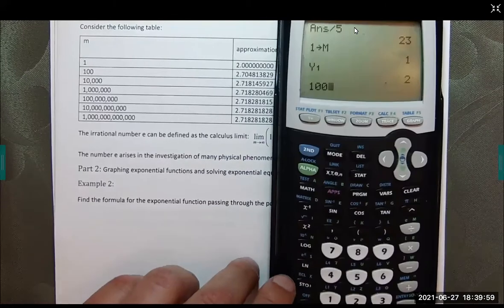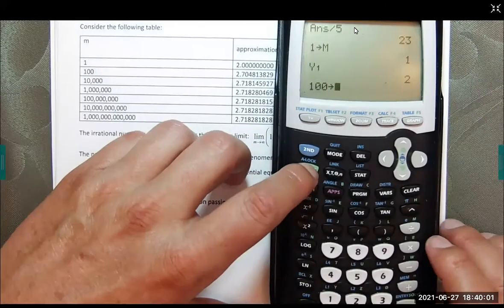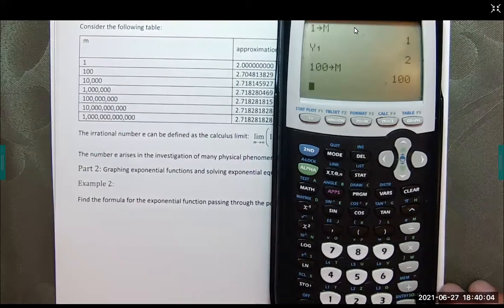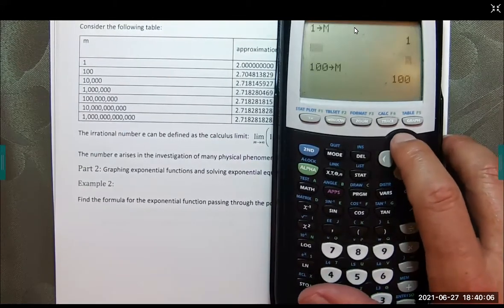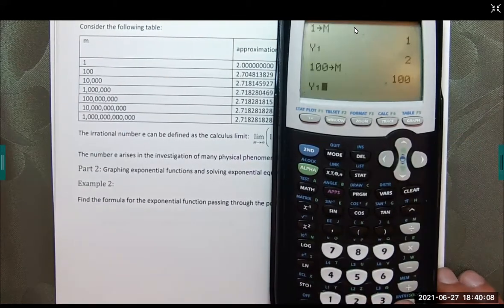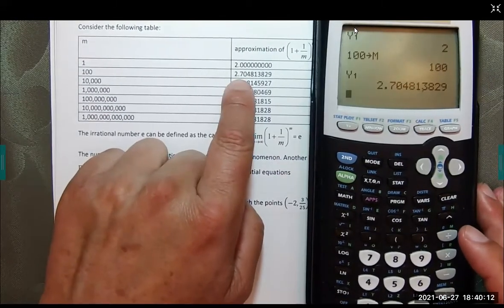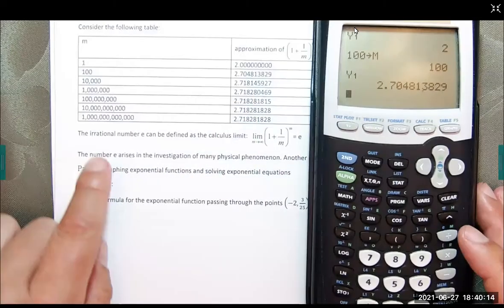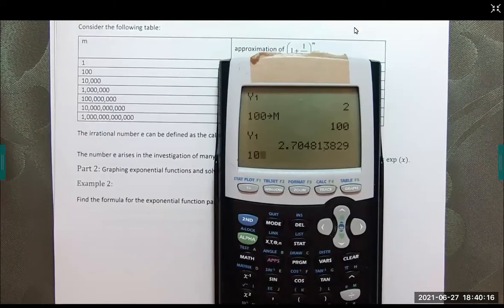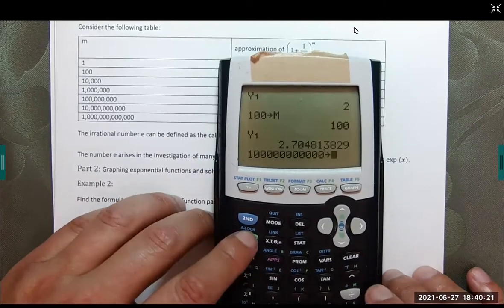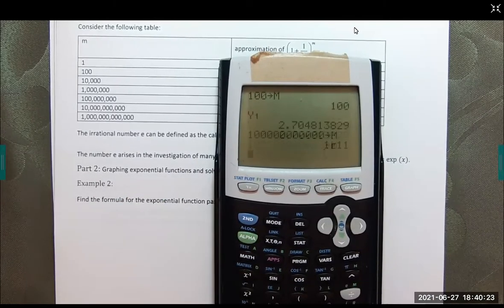So 100 store m. And now let's run it again. So y1, and I hit enter. And you can see I'm getting this number here. In fact, I'm going to crank it up to a really big number. So 1, 2, 3, 4, 5, 6, 7, 8, 9, 10, 11 zeros. Why not? Store into m. And let's run this again.